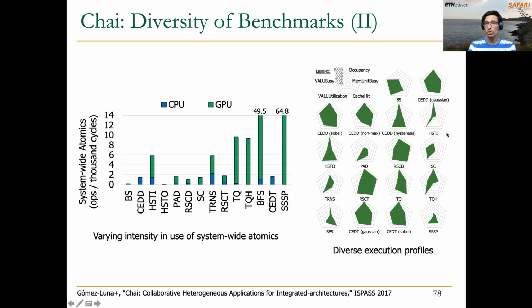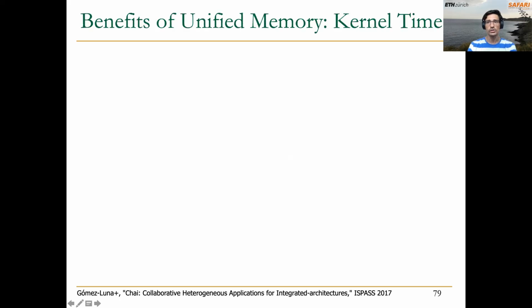These were results obtained with the AMD profiler on an AMD Kaveri, and you see how the different benchmarks have different occupancy values. They have different rates of utilization of the ALUs, utilization of memory, and also hits in the cache hierarchy. As you see, quite diverse execution profiles.